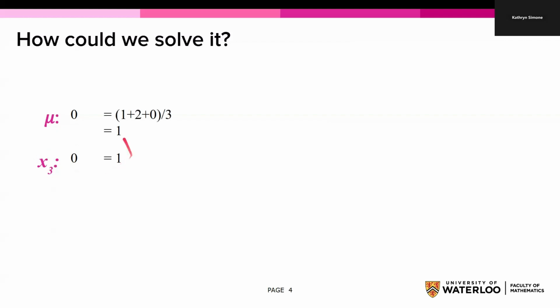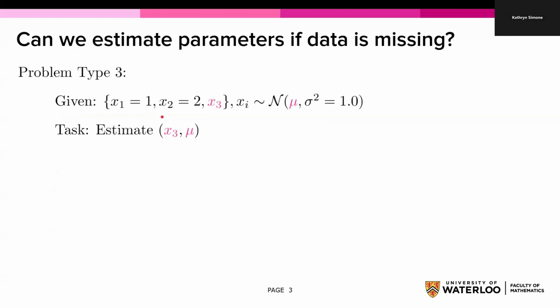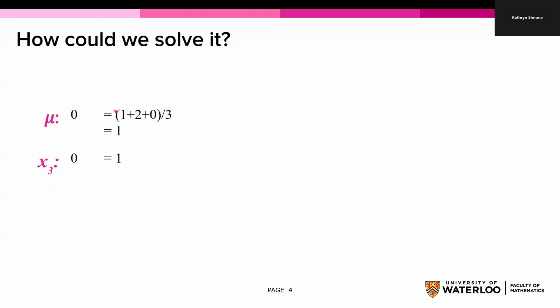Then we could plug that guess for x3 back into our empirical calculation for the mean. Going back from before, where x1 was 1 and x2 was 2, we go 1 plus 2 plus 0, and divide that all by 3, and now we have a new estimate for the mean, which is 1.